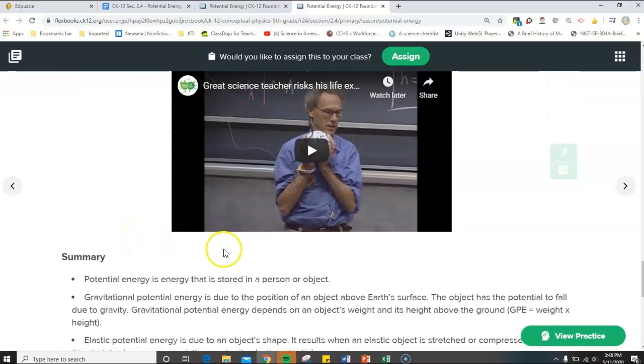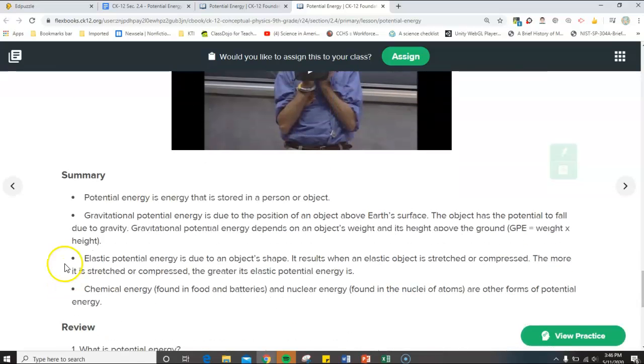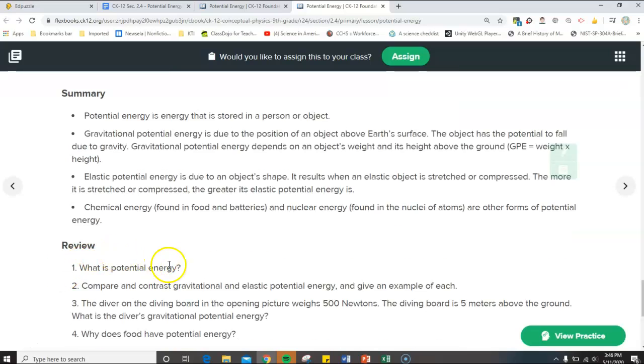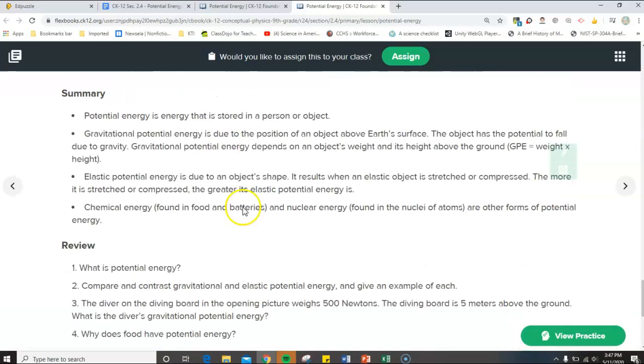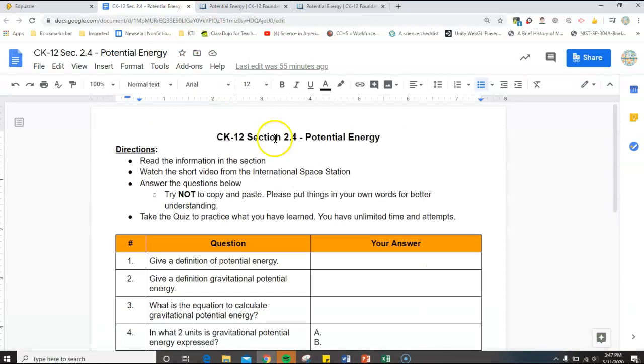So we've talked about what potential energy is, and the different types of potential energy: gravitational, elastic, chemical, and nuclear potential energy. We have gone over some examples of them. You can answer these review questions. Make sure that you can answer them to yourself in your head. You can do the practice questions that are here, and then make sure that you go over to the section 2-4 notes on potential energy.